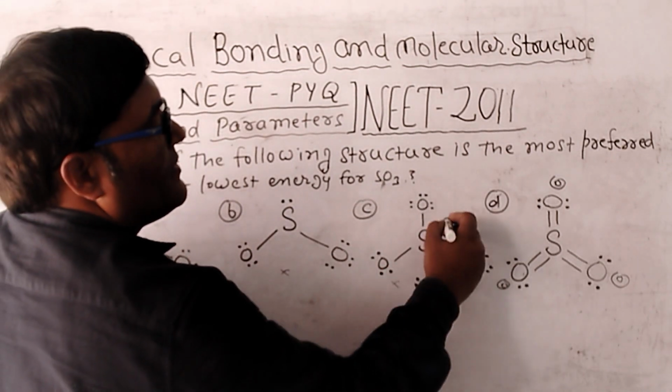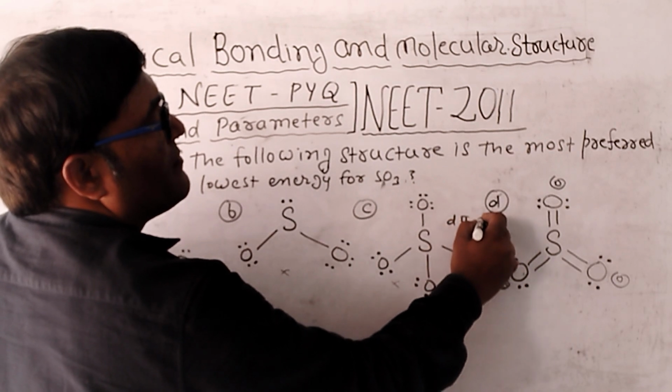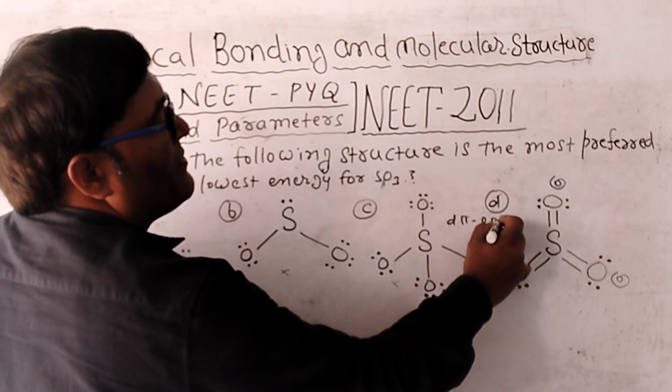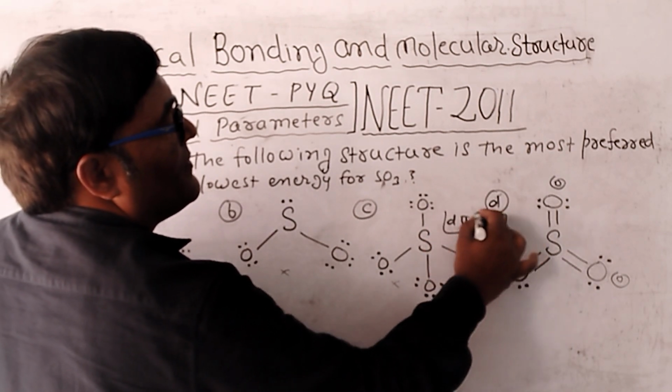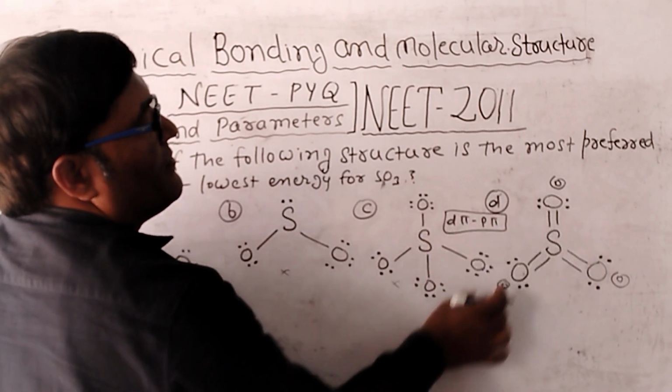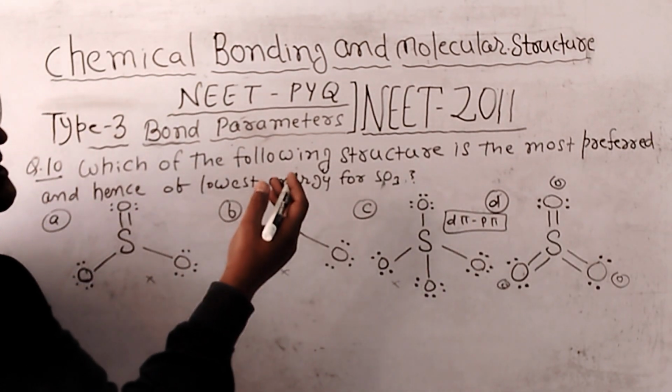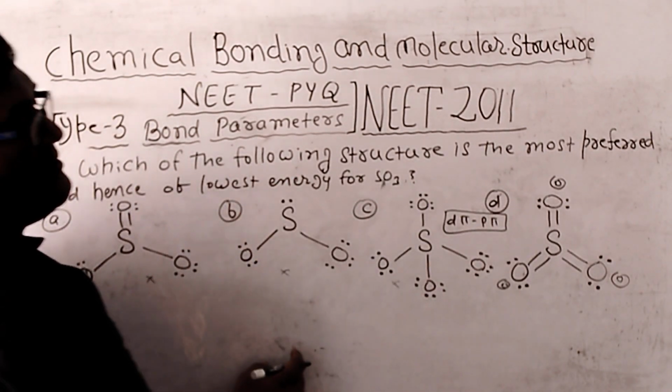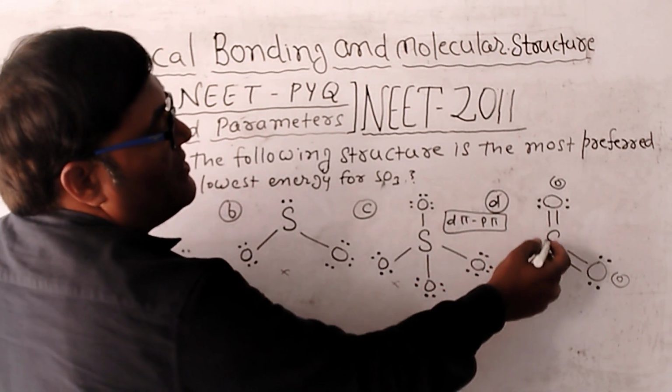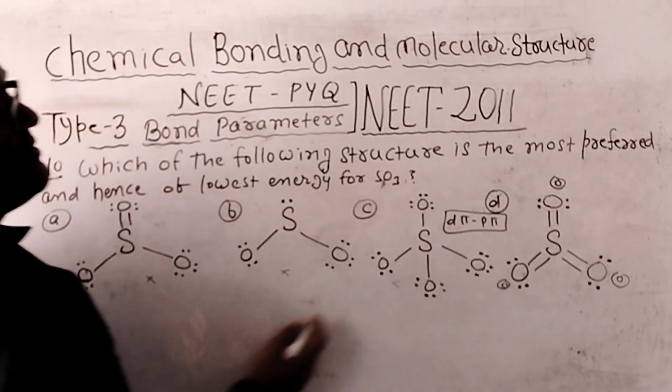Here d pi p pi involvement is present and formal charge of the oxygen atom is 0.